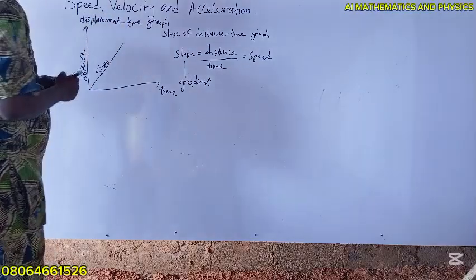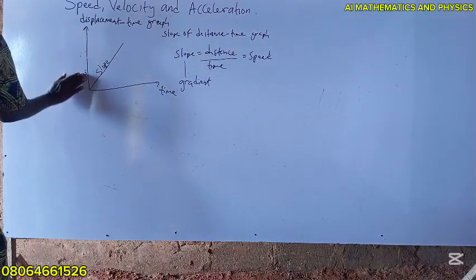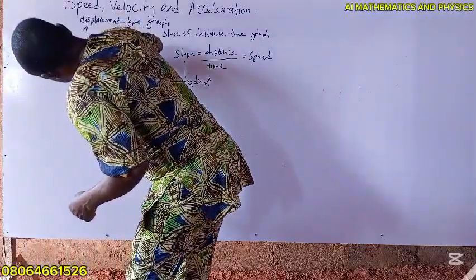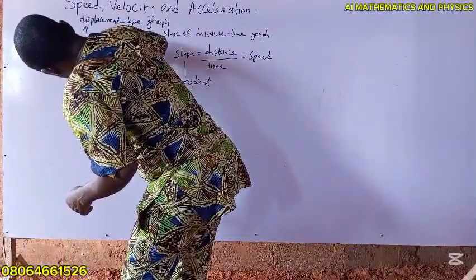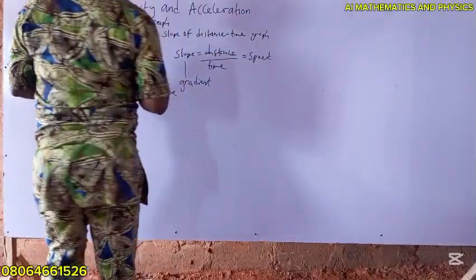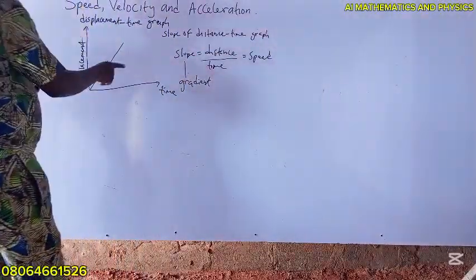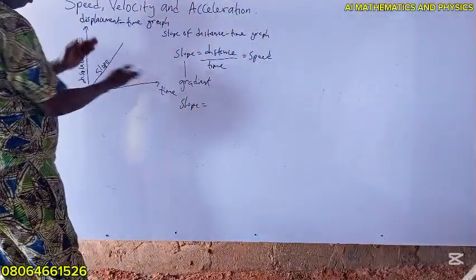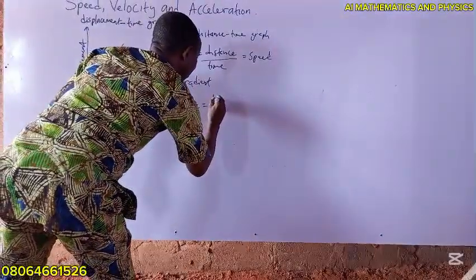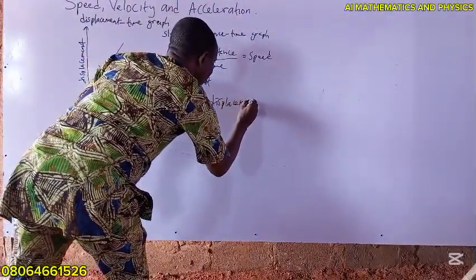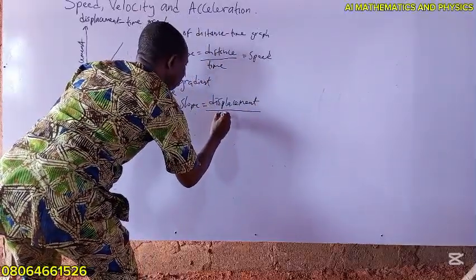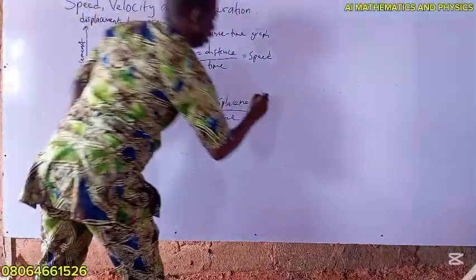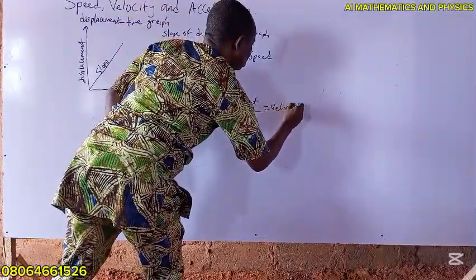It means that we replace distance with displacement. The slope of it is displacement over time, which is velocity.